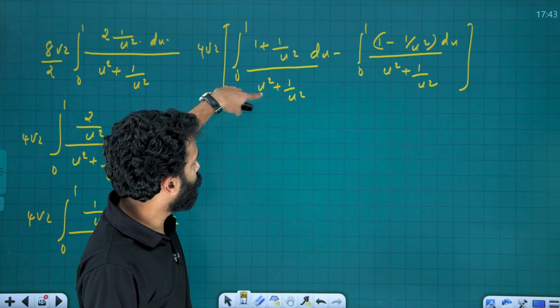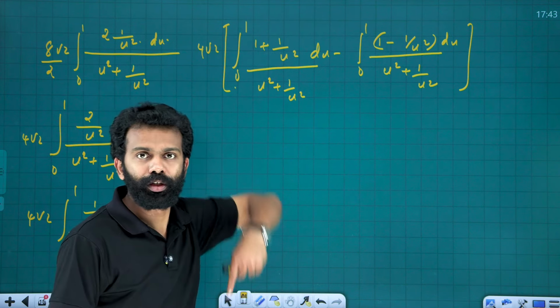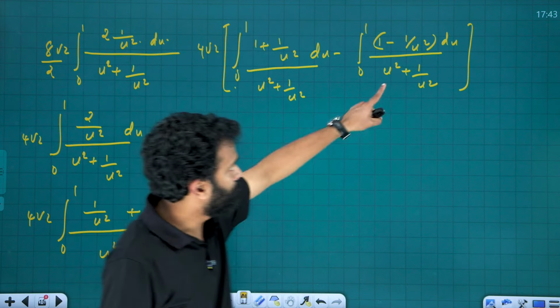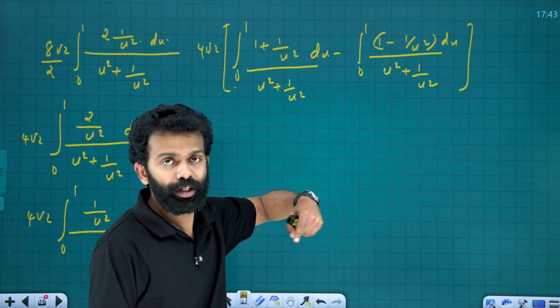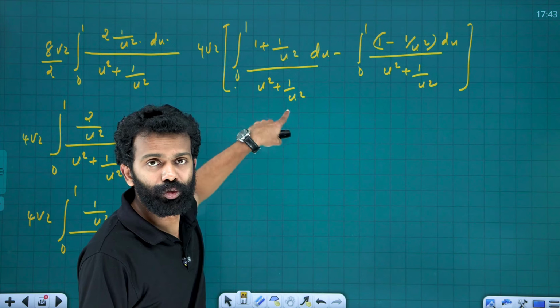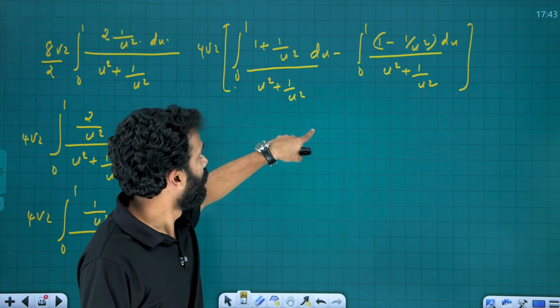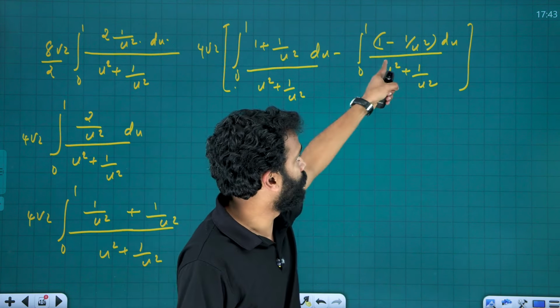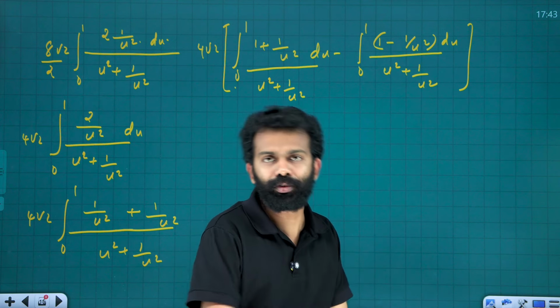The expression is 1 plus 1 by u square, and the derivative of which expression is 1 plus 1 by u square? u minus 1 by u, right? And the derivative of which part is 1 minus 1 by u square? u plus 1 by u.